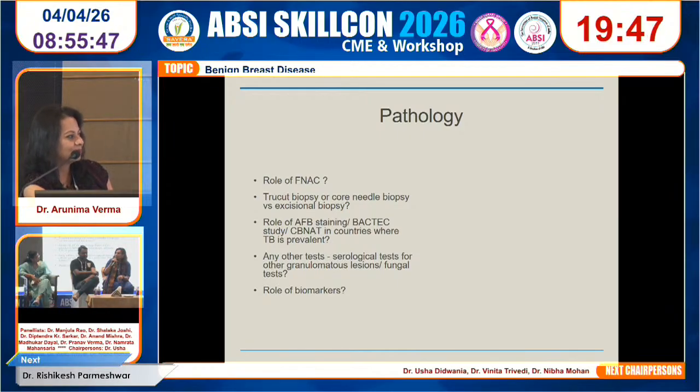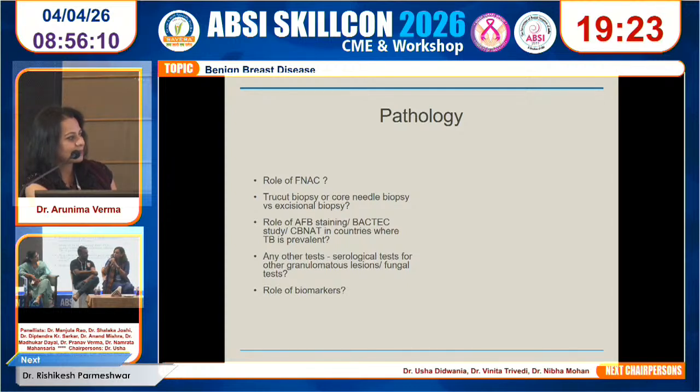And specifically for a granulomatous mastitis, I think it's very important. One, identification of the granulomas, of course, in the biopsy specimen. Also, I am not sure how many pathologists actually identify not just the granulomas, but even the TB microbes.